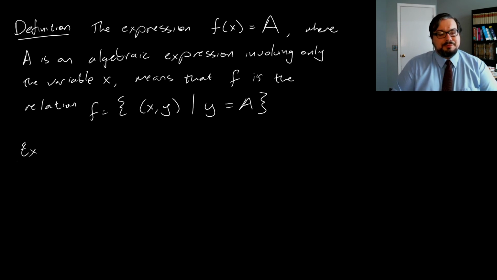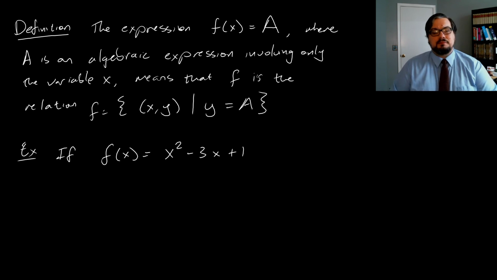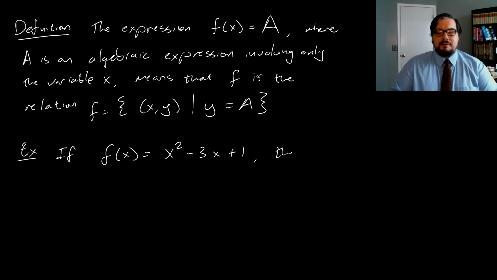So for example, if f of x is equal to x squared minus 3x plus 1, then if I want to know what f of 1 is, I get that by plugging 1 into the formula that I had before in place of every x.